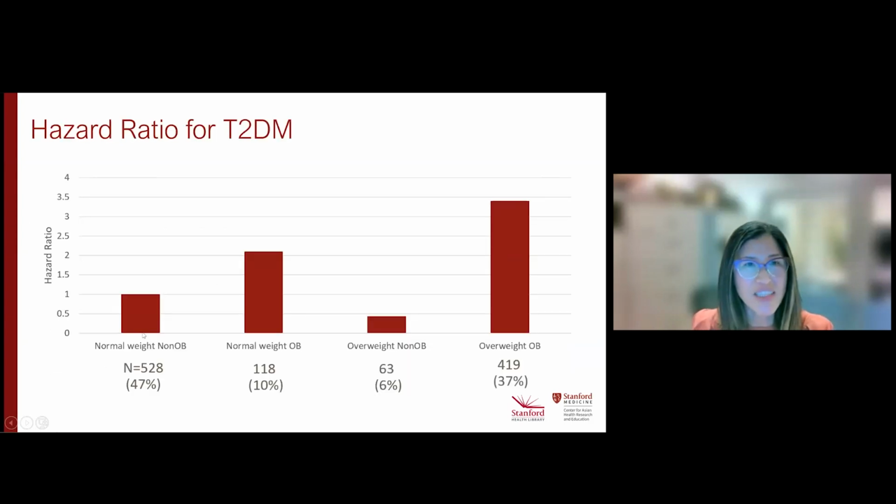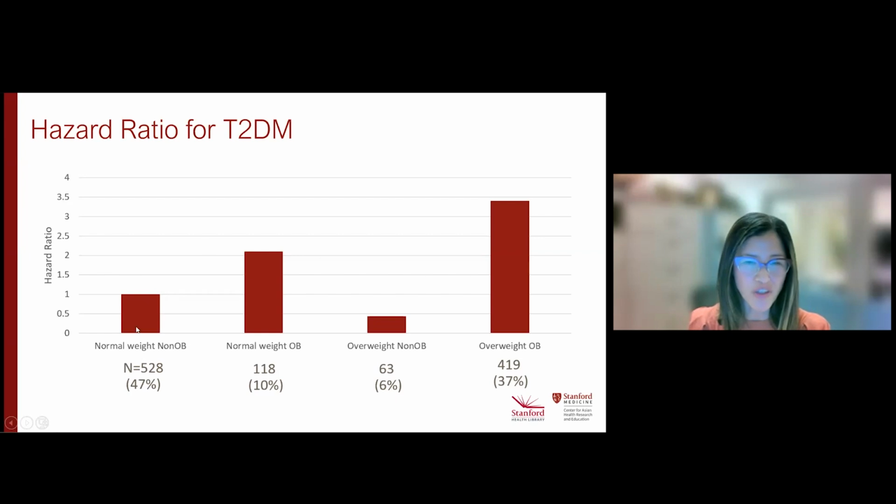So they divided individuals into 4 groups, and they used BMI and degree of body fat. People in the first bar were normal weight by BMI, defined as 24 or less, and non-obese by body fat measurements. So this is normal. And then the next group is normal by BMI but high body fat. Next is overweight by BMI but normal body fat. And then the last category is overweight by BMI, but high body fat.